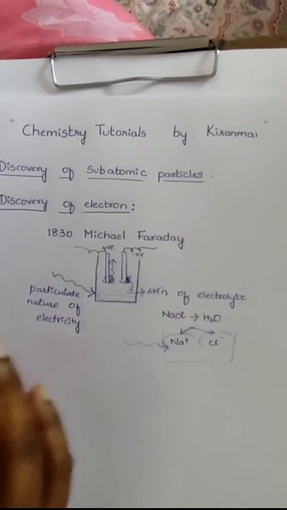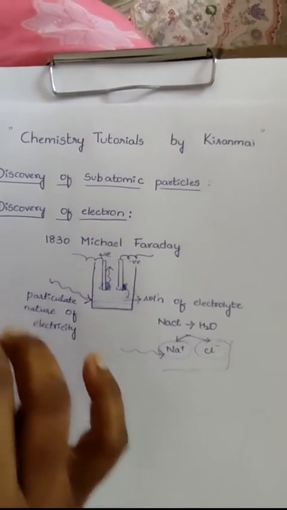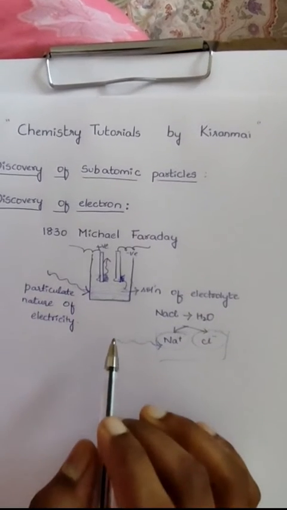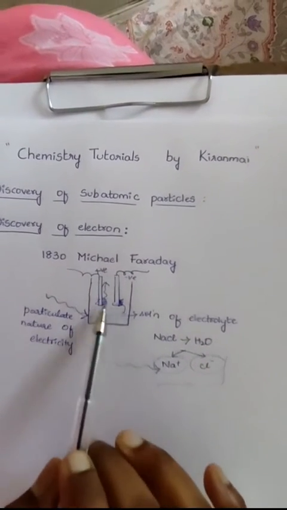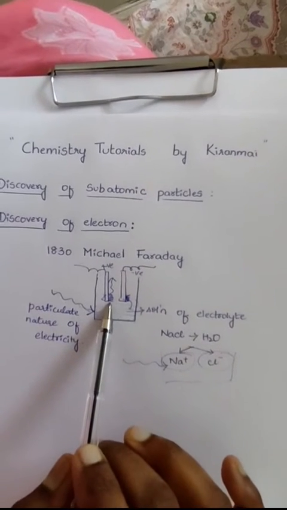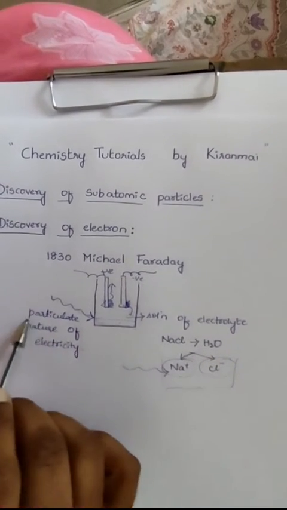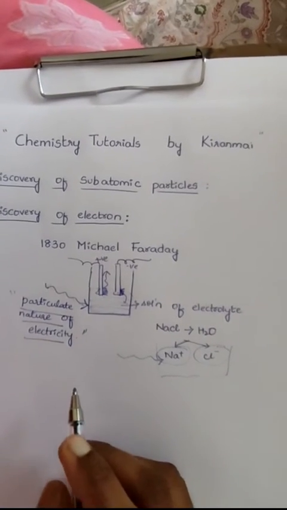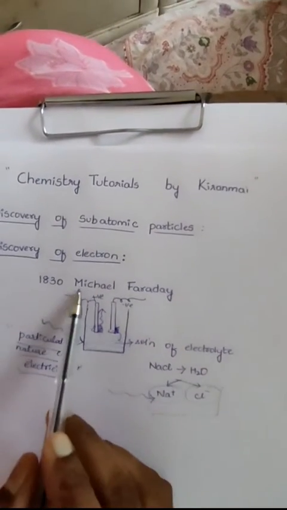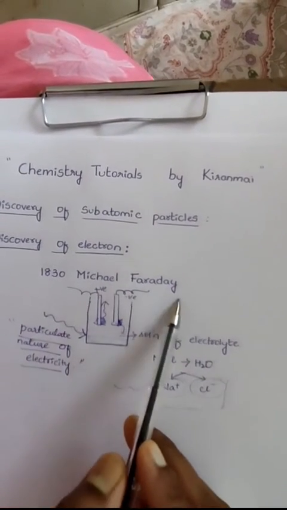That means something is there in electricity which leads to the chemical reaction and results in liberation and deposition of matter at electrodes. This particulate nature of electricity was first observed by the scientist Michael Faraday.